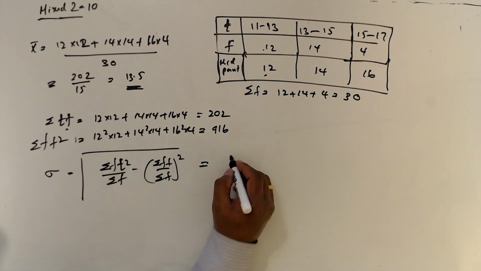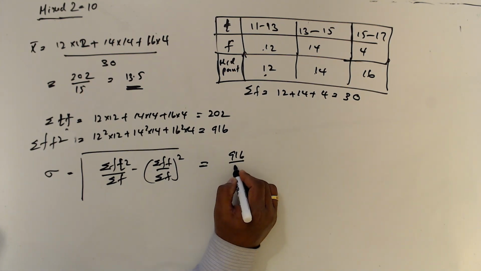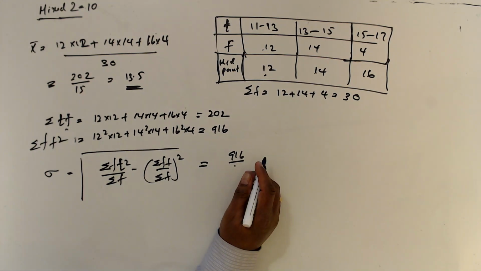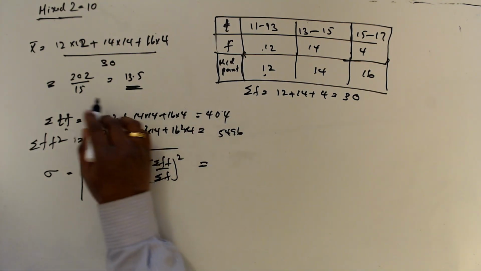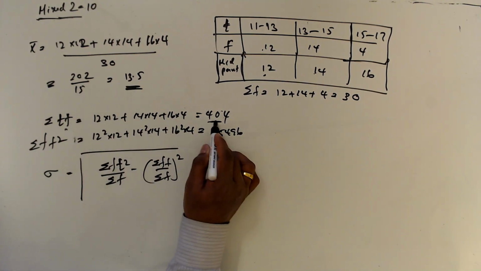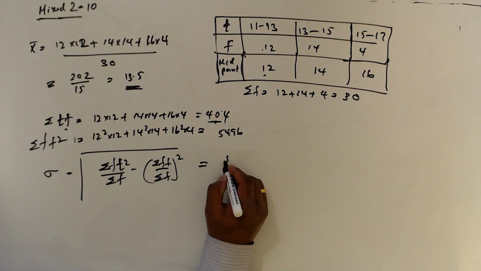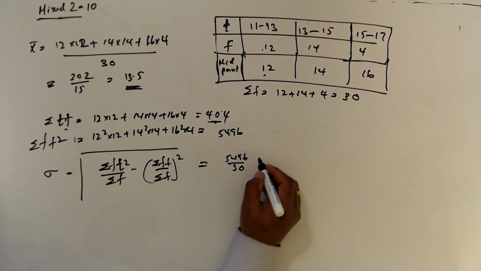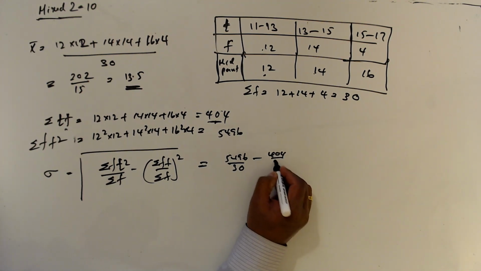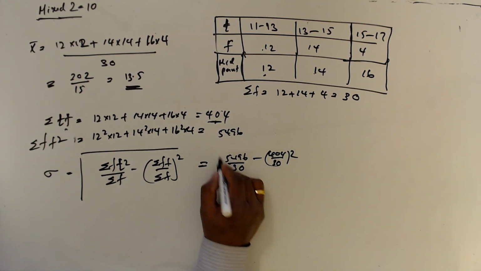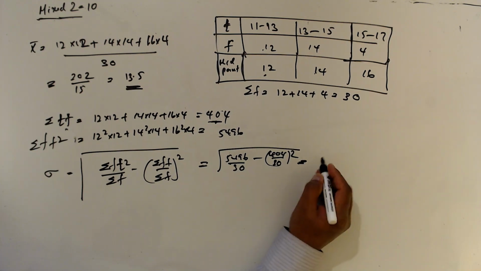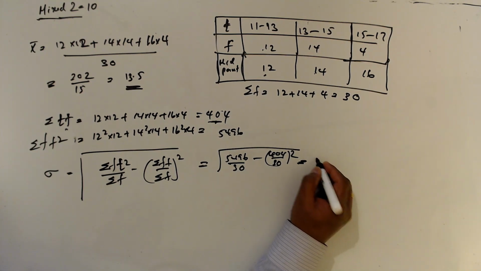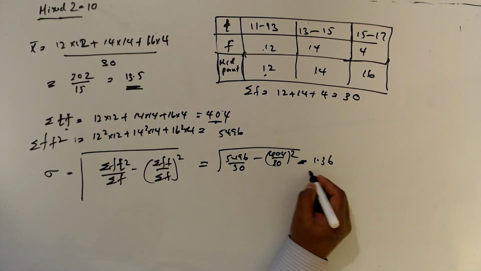So this is going to be, so this is 40 for this value. So 5496 divided by 30 minus 4 over 4 divided by 30, square root. This value is going to be 1.36.